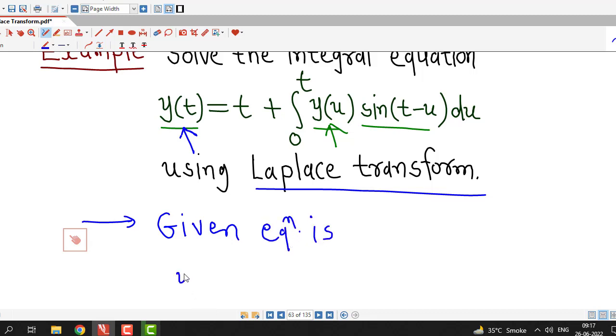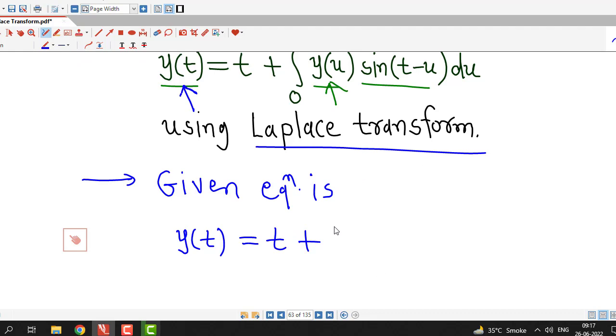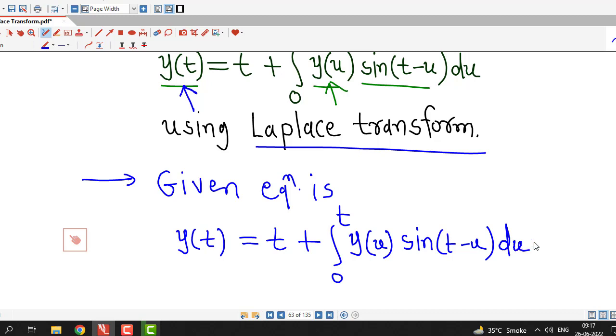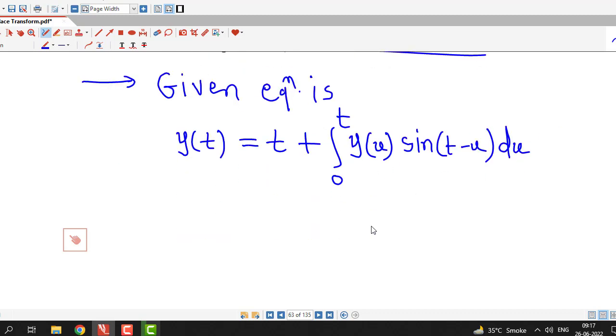It is y of t equal to t plus integral from 0 to t y of u sine of t minus u du. Now if we want to apply convolution theorem, we should try to write this integral in terms of convolution.